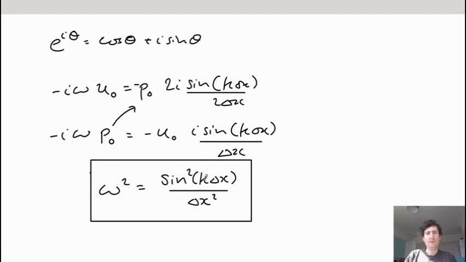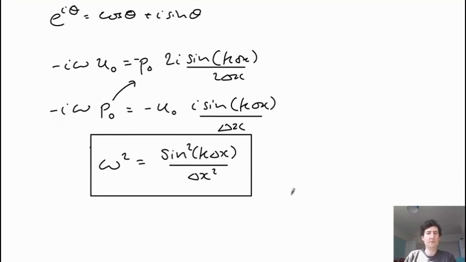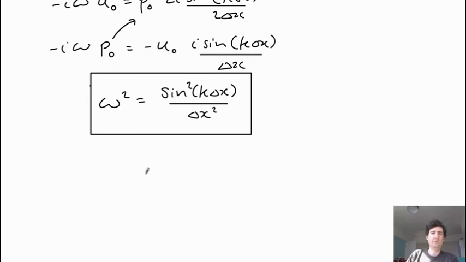Now the k has a range of values, so k can go from 0 up to a maximum. So the maximum k is just 2 pi over the minimum wavelength. So the minimum wavelength is the zigzag mode.